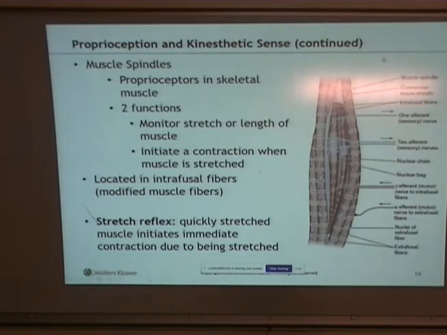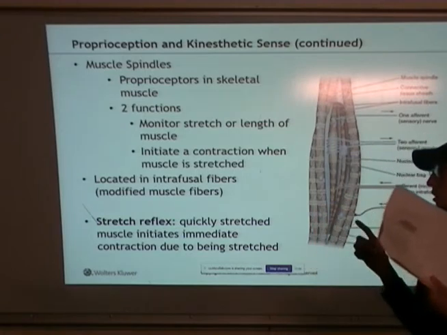So the first proprioceptor, the first sensory organ that we're interested in is the muscle spindle. And the muscle spindle lies within the muscle fibers. It lies parallel to the muscle fibers and is attached at either end. So when I stretch the muscle, I also stretch the spindle, right? So it has two jobs to do, right?